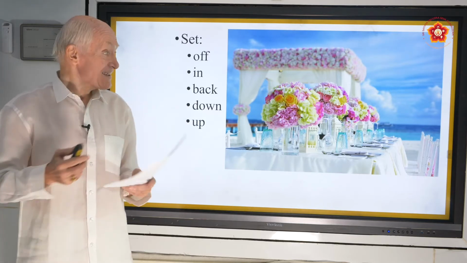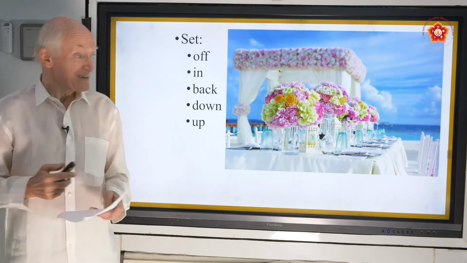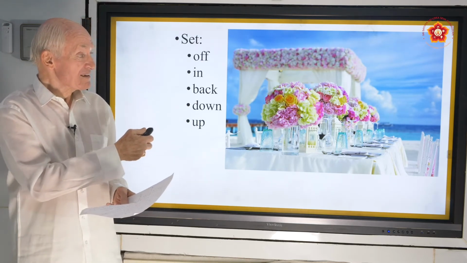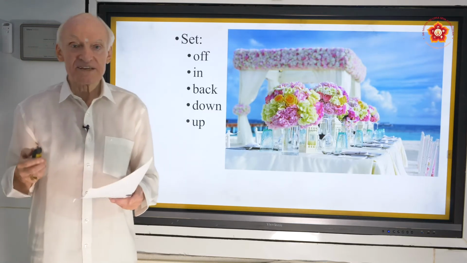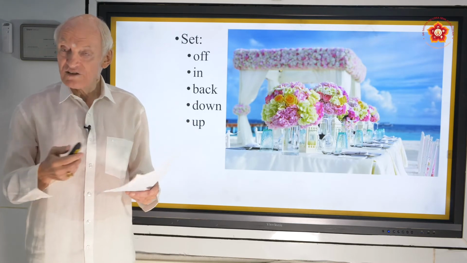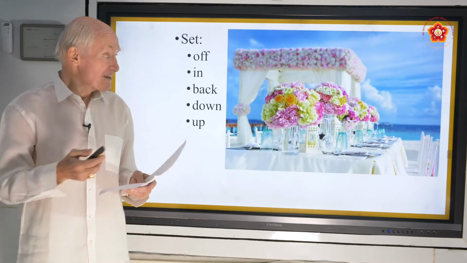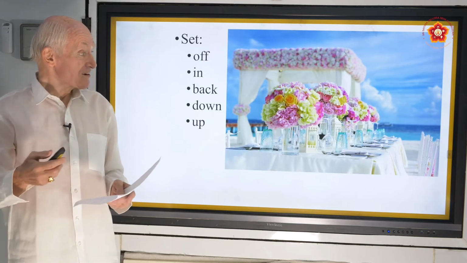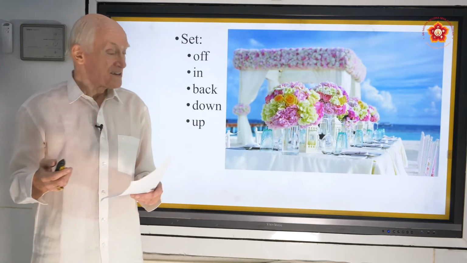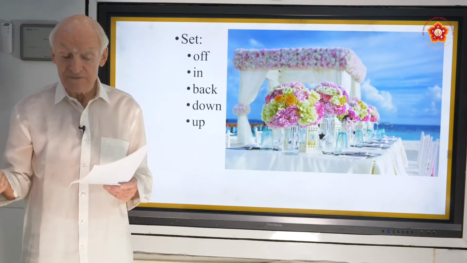Set up. Now we have here a picture of a setup. You can see we have a beautiful table. The ocean is there. The sky is there. The flowers are there. They've set up this environment. It looks like a wedding reception. Okay? They have all the elements. The sun is shining. We have fire, earth, air, and water. And it's a beautiful setup for a function.